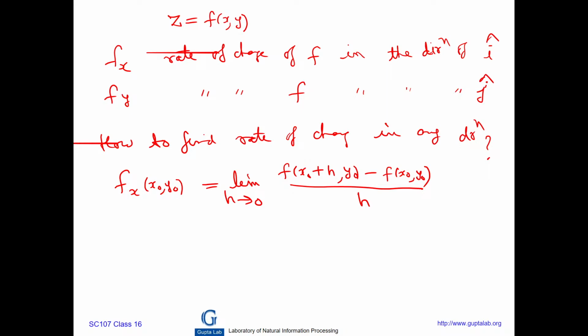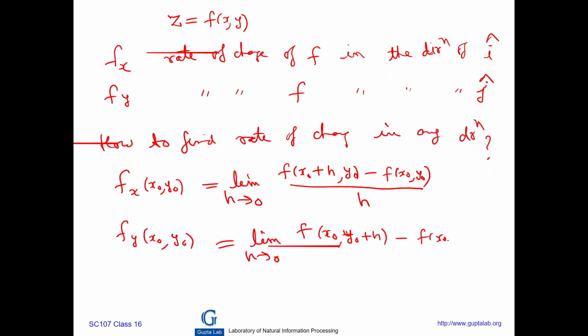Similarly, we can find f_y, the limit as h tends to 0 of f of x naught comma y naught plus h minus f of x naught comma y naught, divided by h.